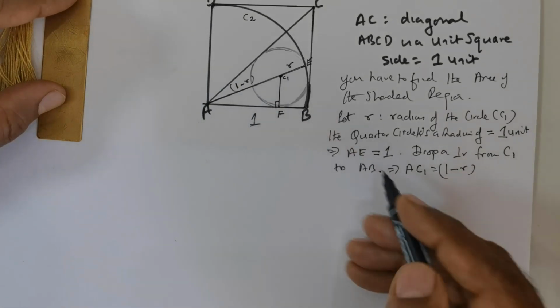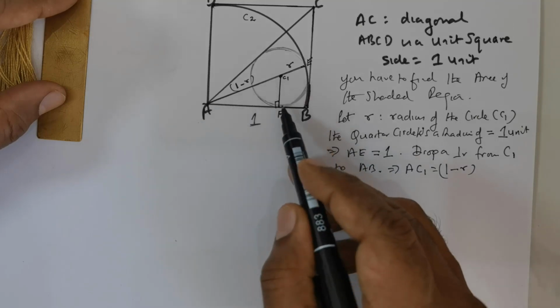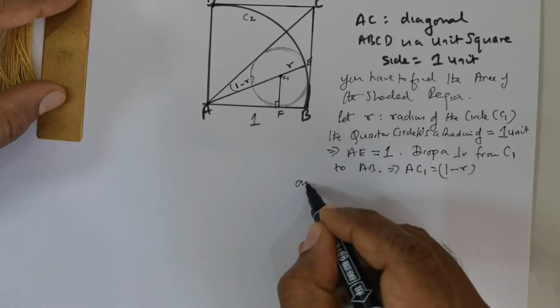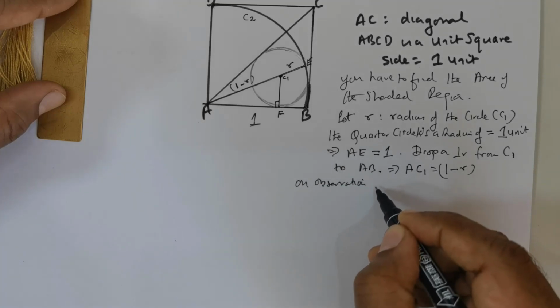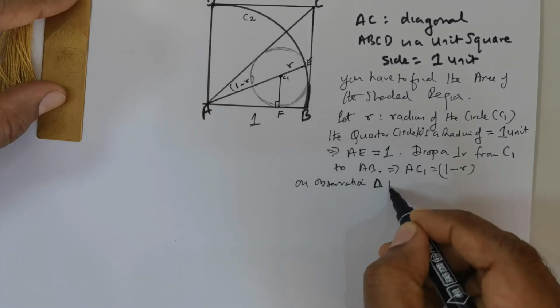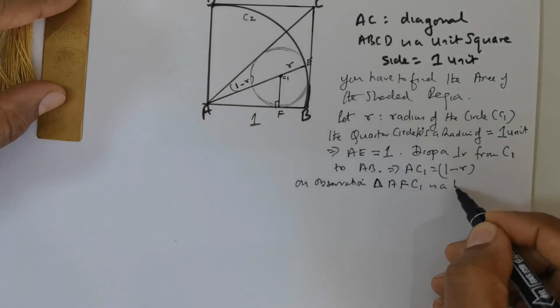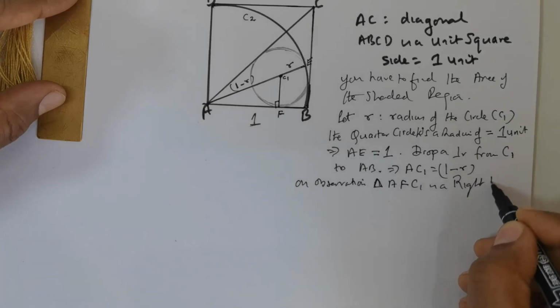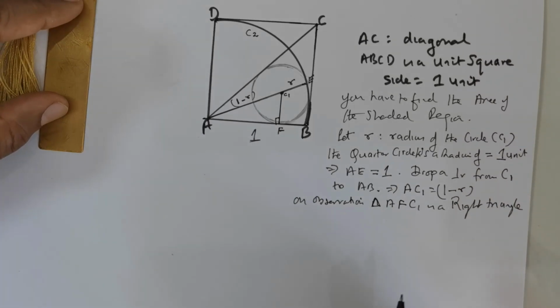Now clearly I see that I have a right triangle. On observation, what do you see? Triangle AFC1 is a right triangle, right? So that will mean I can apply Pythagoras.